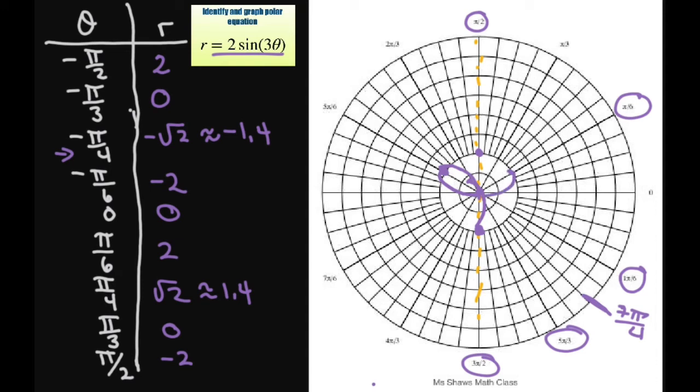At pi divided by 4, which is right here, that's going to be 1.4, so that's getting close to 1. And then we're back at 0 at pi divided by 3, so it swings back. And then at pi divided by 2, it's at negative 2. So we're coming back up around, back down to negative 2 here.